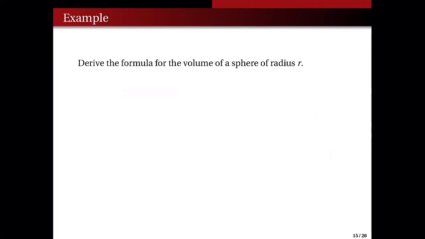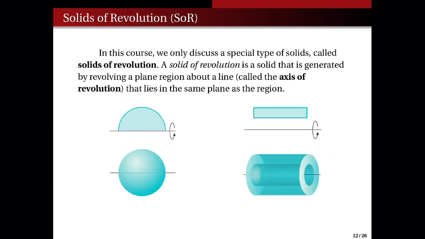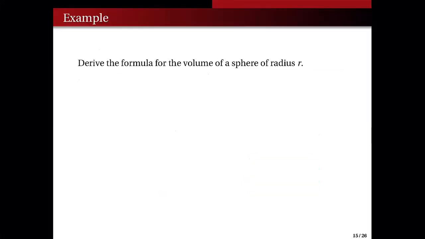If you look at this, you have a semicircle, you revolve about this, where this axis of revolution is along the diameter. When you do that, you will get a sphere. So basically, we'll just use a semicircle and revolve it, and we will get a sphere. That's how we're going to derive the volume of the sphere.